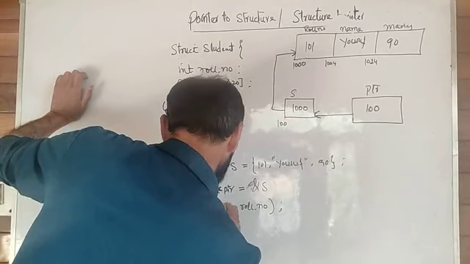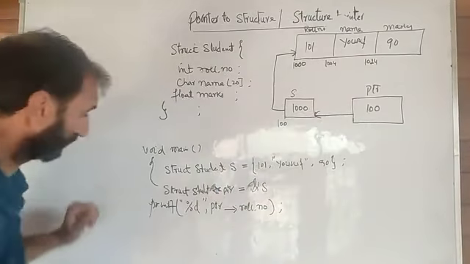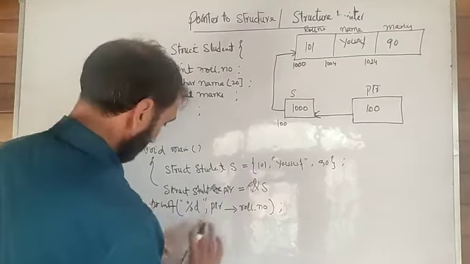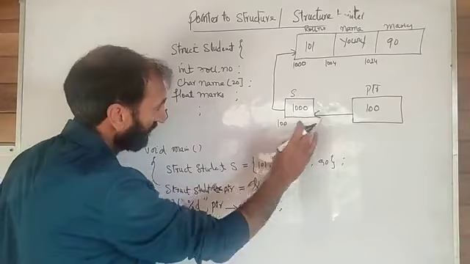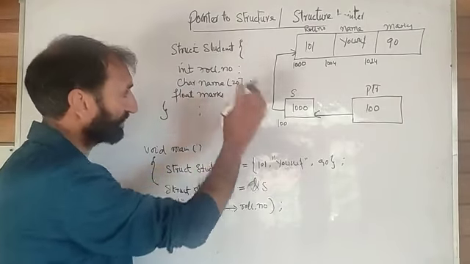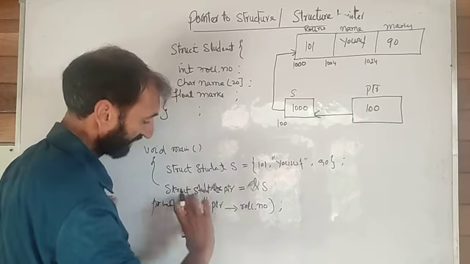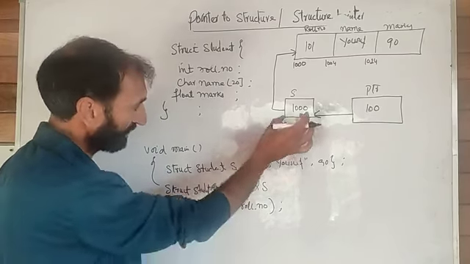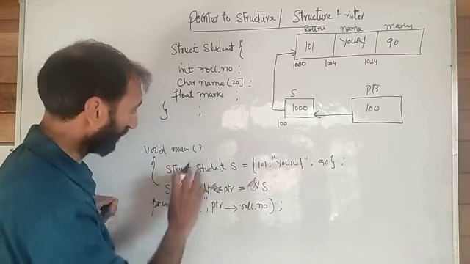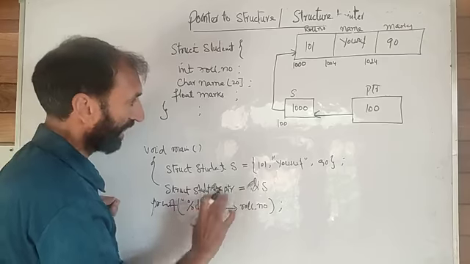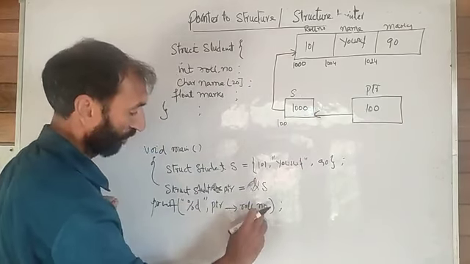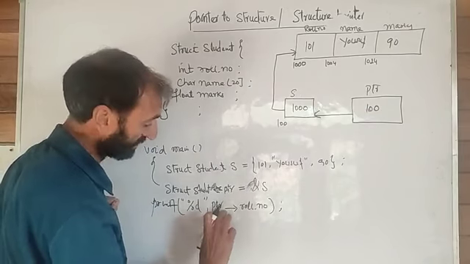Sorry. ptr. We can access the members of the structure through pointers just like this. Here, what does this mean? Percentage d. What is percentage d? That's the format specifier for integer. ptr, what is ptr? It is the pointer to roll number. Pointer to roll. What does this mean? Arrow.